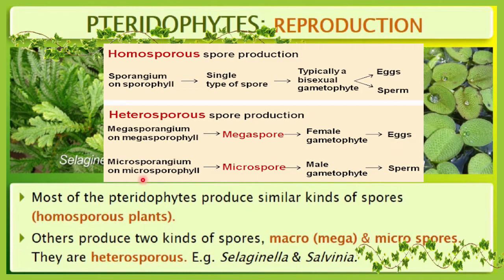The microsporangium or microsporophyll is responsible for production of microspores, the male gametophyte, which is responsible for sperm formation. So by this way you must be very clear what is homosporous and what is heterosporous.